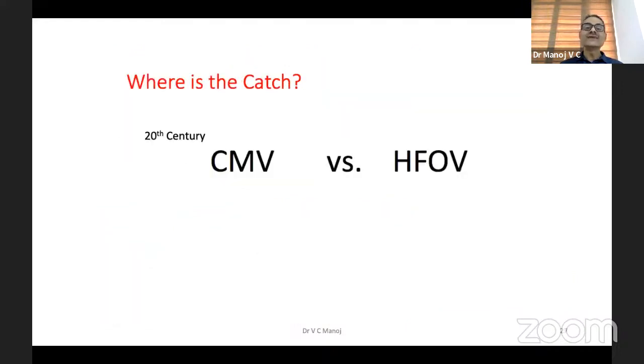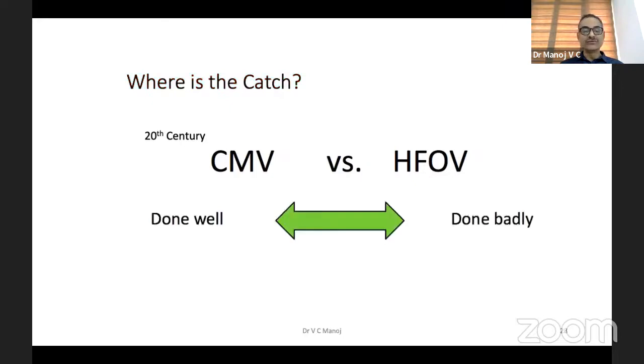What is the catch? Where is the catch? Well, now we know that it might not be so. We became experts in conventional mechanical ventilation. This is not IMV. CMV here stands for conventional.